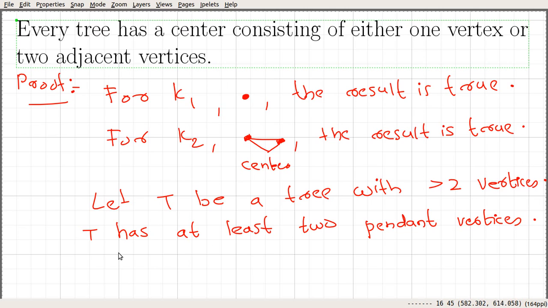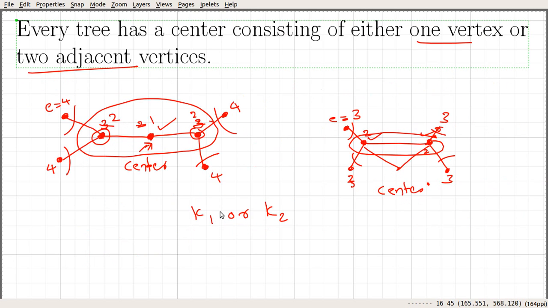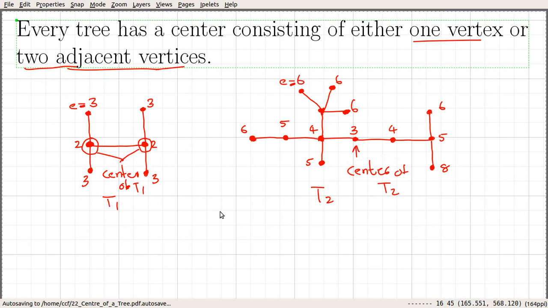Another observation is that the maximum distance from a given vertex to any other vertex occurs when the second vertex is a leaf vertex or a pendant vertex. That's what we can observe from this.